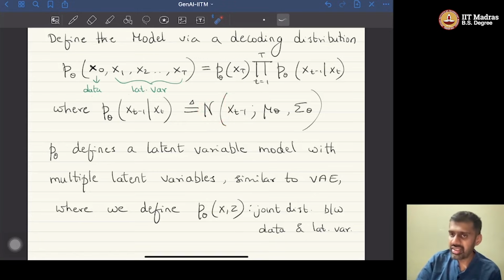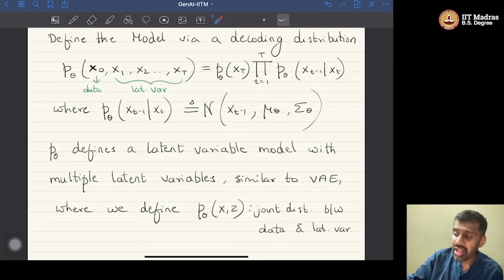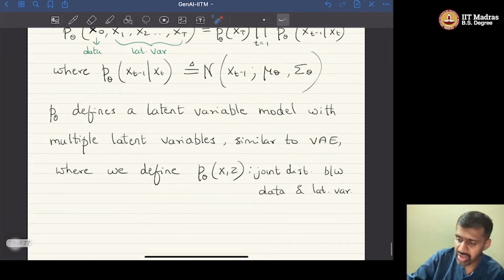But the catch here is that the mean and the variances of the conditional distributions at every transition are learnable. So this definition of the joint distribution of the data and the latent variable arises because we are assuming that the reverse process is Markovian with Gaussian transitions. Let me write that.